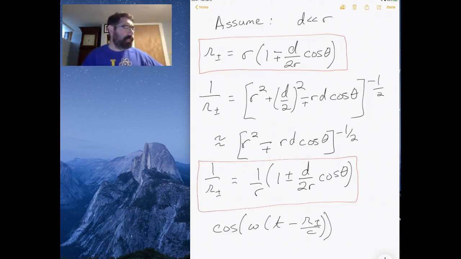So I think I'm going to stop the lecture right here because this is going to go on a little further. And so in the next video, I will pick up where we left off in terms of taking care of the cosine function, and then what we can do is put that into our equation for the potential.